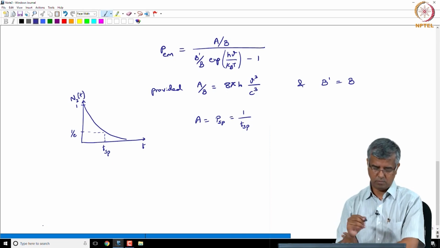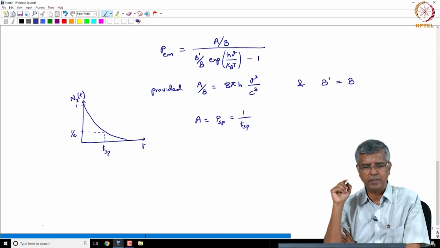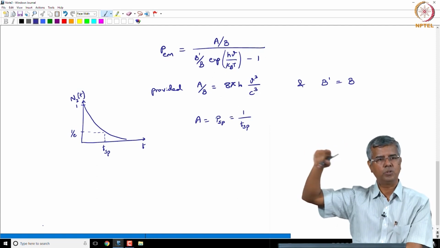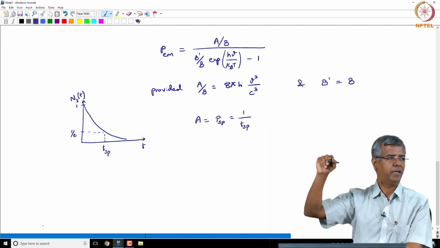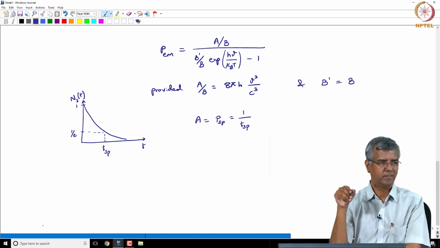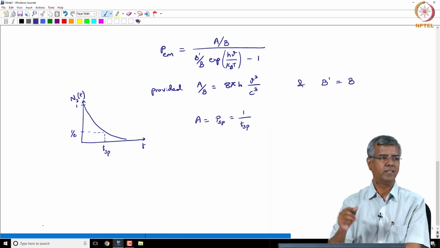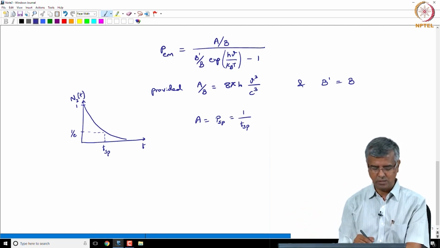Once again, like I was mentioning last week, when people think about spontaneous lifetime, they think that this atom gets excited, goes to that higher energy level, and that specific electron spends this specific time and then gets emitted. No, that is the wrong picture, right. It is not like it spends that much time and gets emitted, it gets emitted all along.